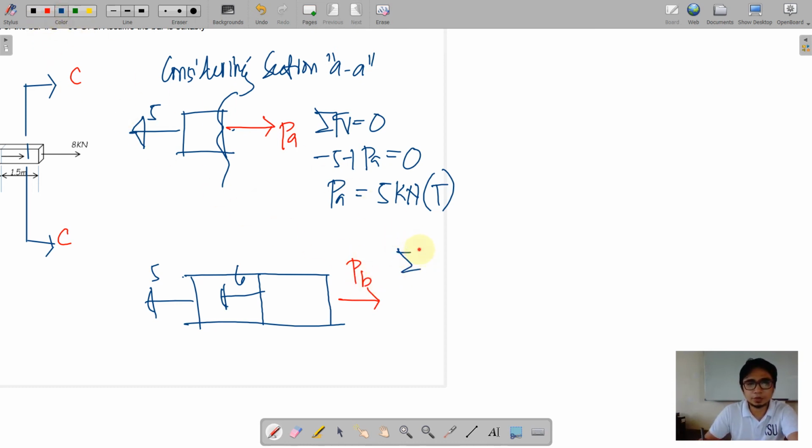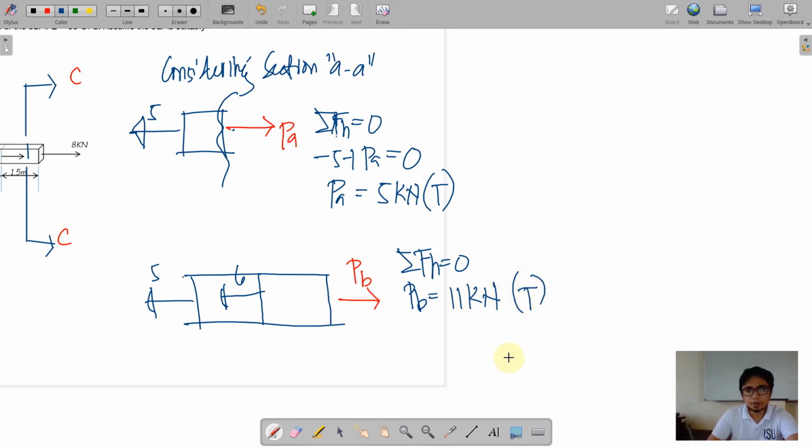we have summation of forces vertical is equal to 0. Sorry, vertical, it should be horizontal, it should say. So therefore we have PB equal to 11 kilonewton. Now this should be in tension.